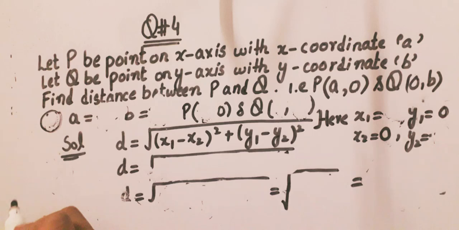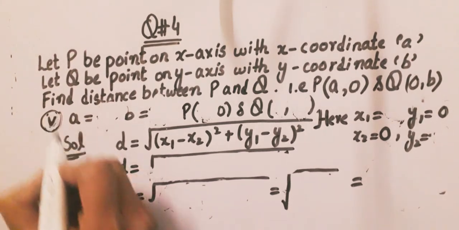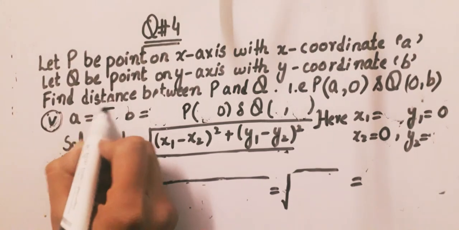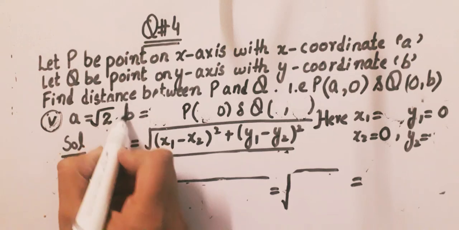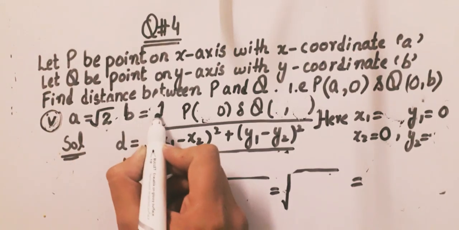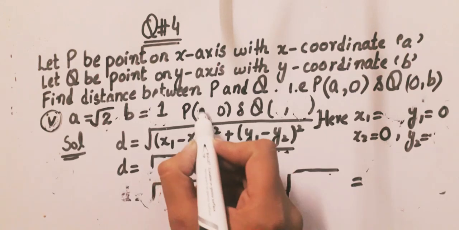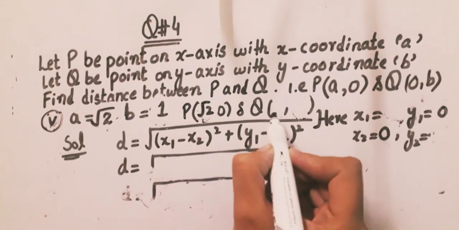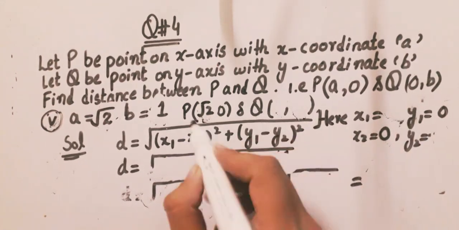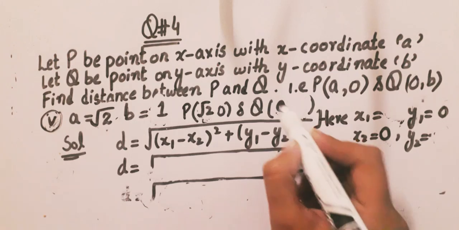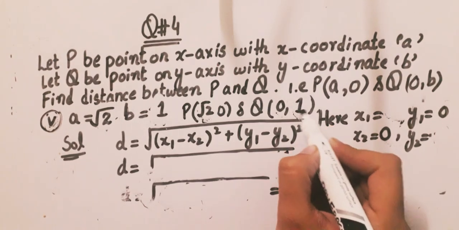Now in part 5 we have the value of A is square root of 2 and the value of B is 1. So the coordinates of point P are square root of 2 and 0 and points of Q are 0 and 1.